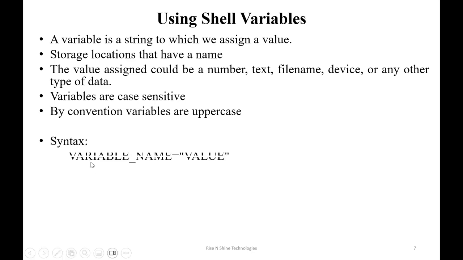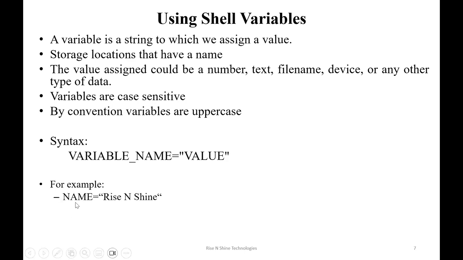The syntax is variable name equals value. Within double quotation, if we define the value, that is text format. If I don't use any double quotation, and I say 10 or 100, then it assumes that it is a number. Or within double quotation, you can give a file or device name. So any data type you can use in variables.